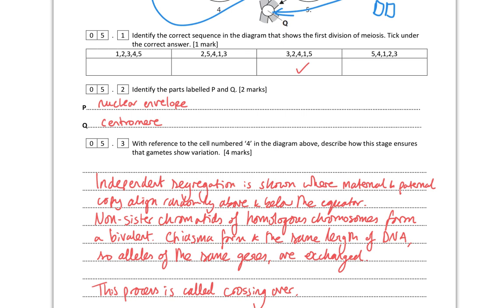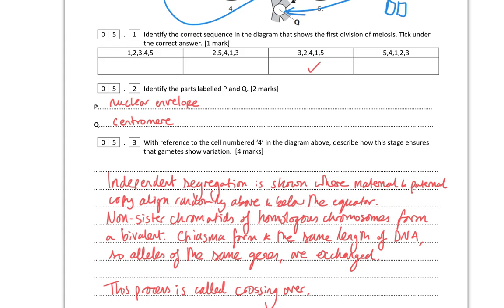And also non-sister chromatids of homologous chromosomes form a bivalent. That's when they come together and associate. Chiasmata are the crossover points, and the same length of DNA. Alleles of the same genes are exchanged between the maternal and paternal chromosome, and that process is called crossing over.